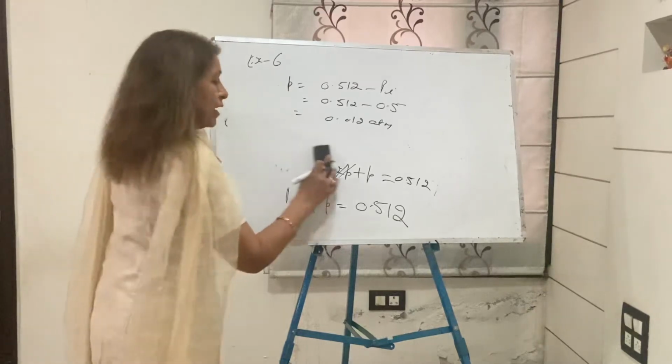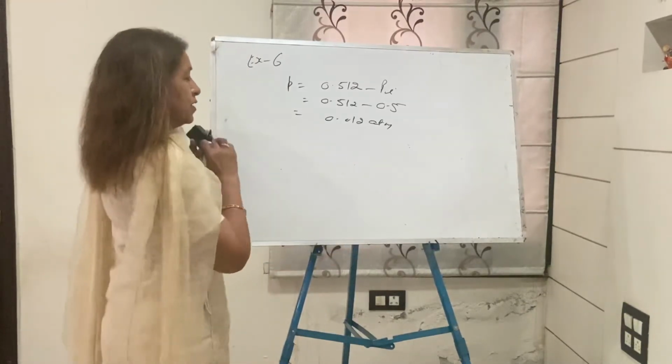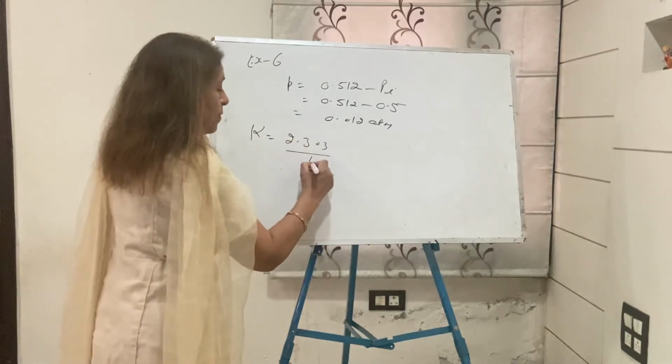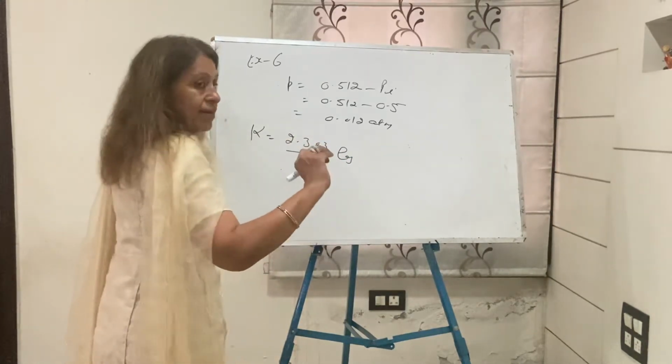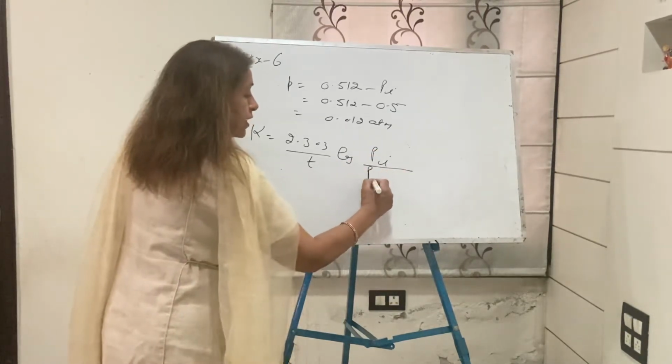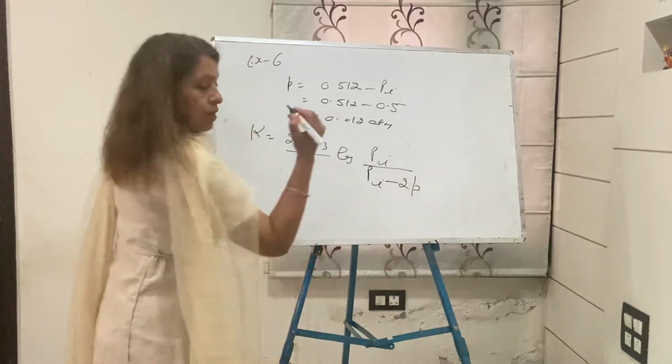Now after calculating small letter p, you apply the formula K is equal to 2.303 by t log of reactant only. It is Pi divided by, after 100 seconds, Pi minus 2p.